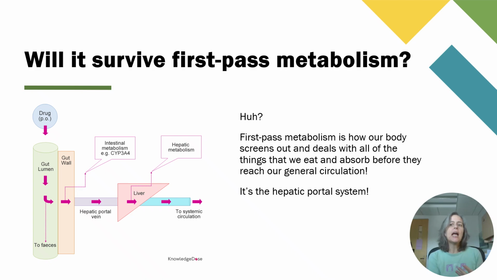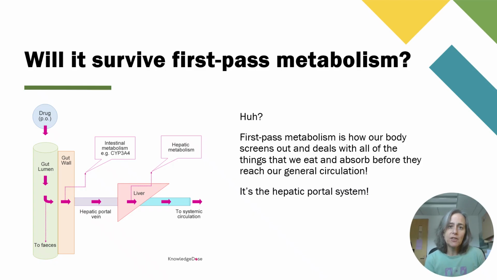Those are concentrations that your body does not want going into the general circulation. So our liver is going to process the blood that is bringing stuff that we've absorbed from our intestinal systems. Our liver is going to process that and store it, or detoxify it, or metabolize it for us.